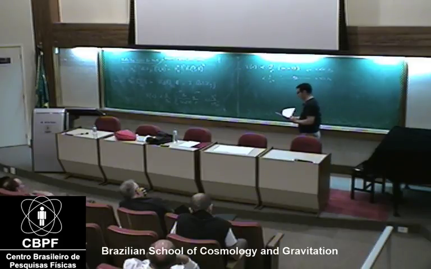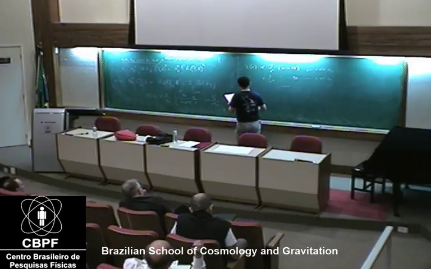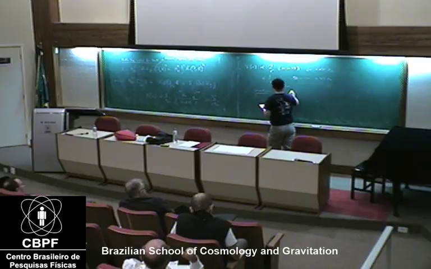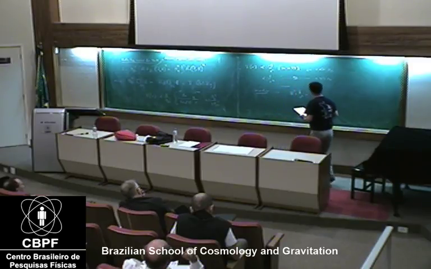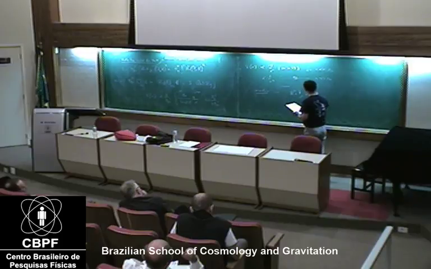And in fact, the cosmology of this model has been worked out. And if you work out this cosmology, you find the following equation. You find that the Hubble law, the Friedmann equation, the usual one, is replaced by this following form. So you have this form here.